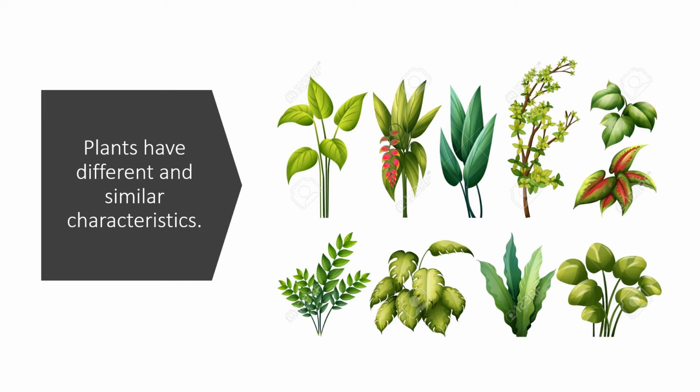Many produce fruits, but not all of them. Many plants reproduce sexually, and many of them reproduce asexually. Many plants produce with seeds, and many other plants produce with spores.